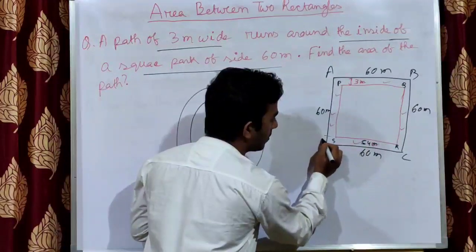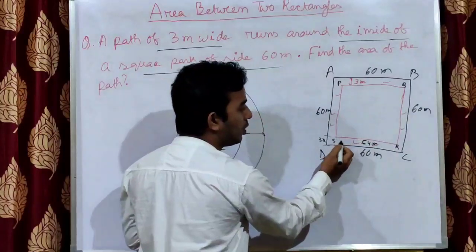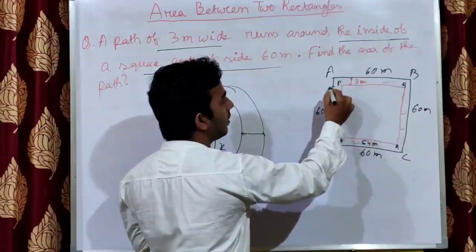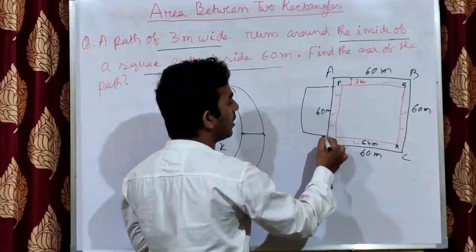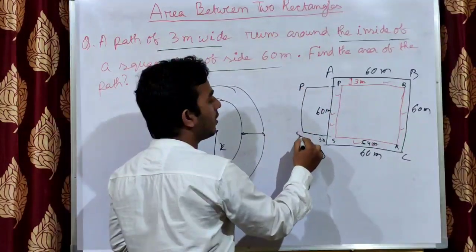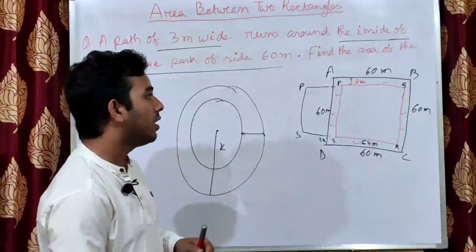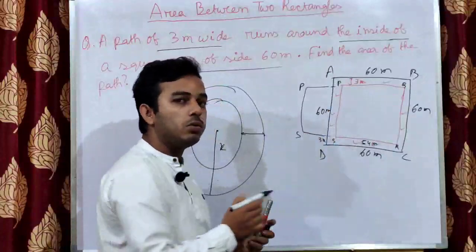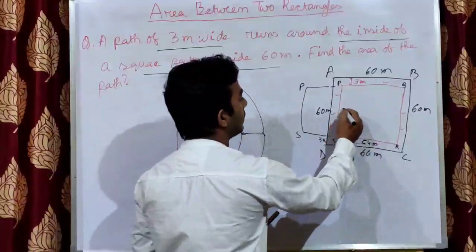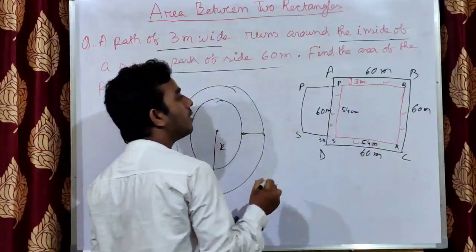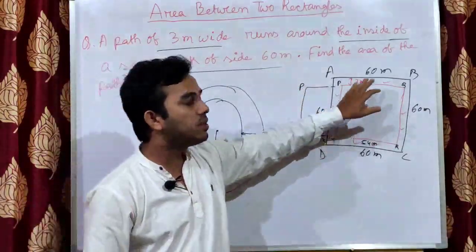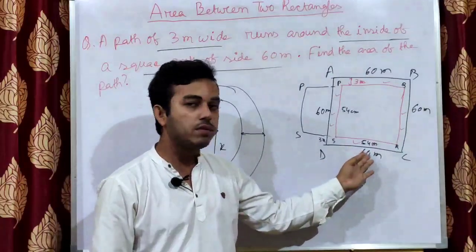If we subtract here 3 and here also another 3, that means we have to find out the length of this, that is P and S. So all total we have to subtract 6 from 60, that will be 54. That is, this side is also 54. That means here are two squares. Side of one square is 60 meter and side of another square is 54 meter.